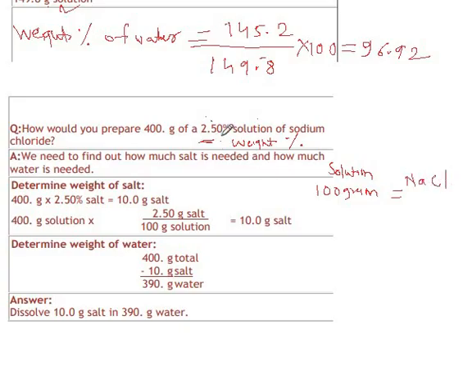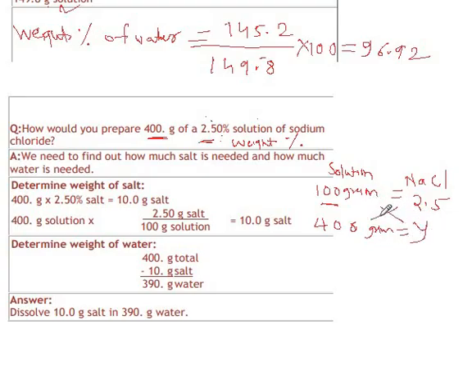As they have mentioned 2.5%, that means in 100 gram of solution NaCl is 2.5 gram. We want to prepare 400 gram of solution. How much NaCl will be required? Let us suppose Y.